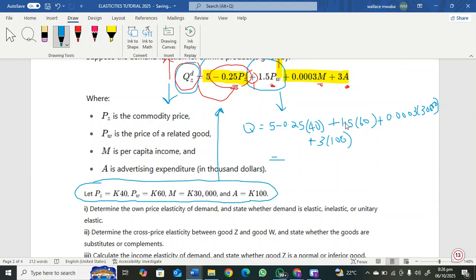Tell me what value of Q you get. Has anyone found the value?